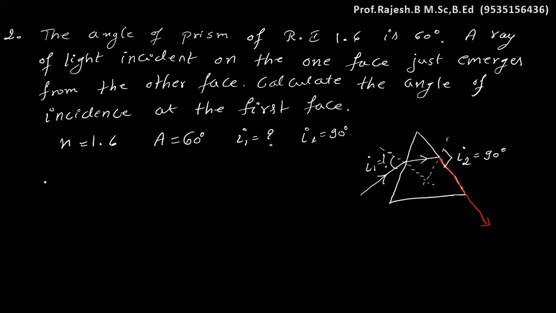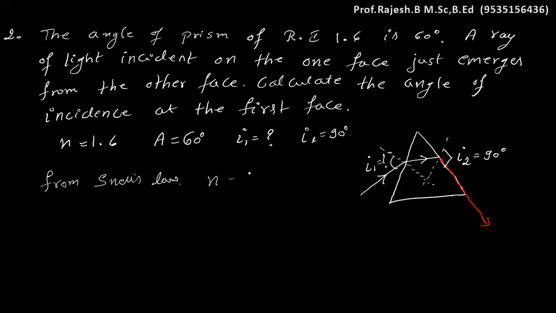So use Snell's law. From Snell's law, n is equal to sine i1 divided by sine r1. First I want to find the i1, right?